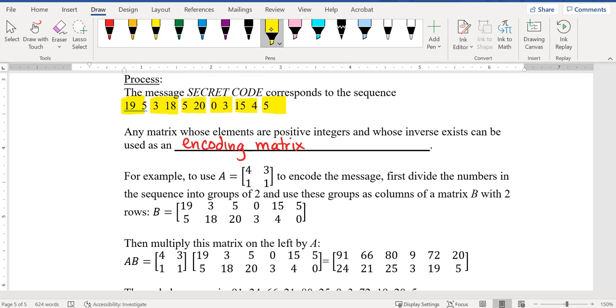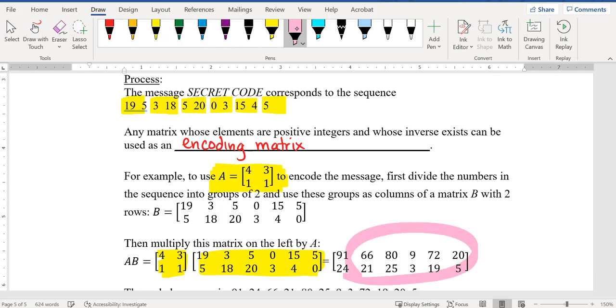You're going to multiply this matrix on the left by A. So here was what we were given, A. We're going to do A times our matrix with our code. And this is what we're looking for.